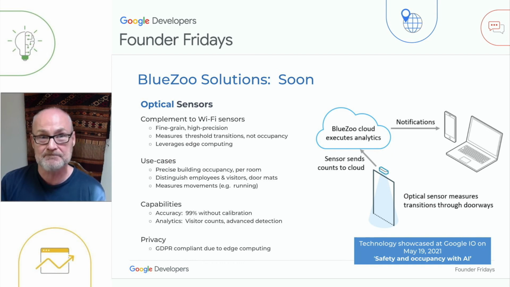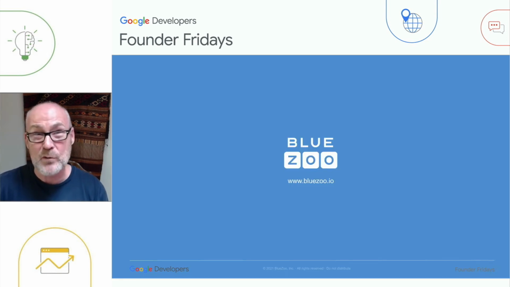So in summary, BlueZoo is a company dedicated to finding solutions for the insurance industry that will allow more businesses to be fully insured at lower costs by identifying risks and allowing insurers to work with customers to mitigate those risks.